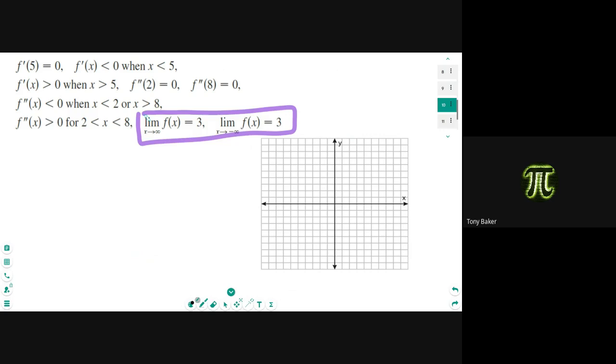I would start with that, and then use those next.